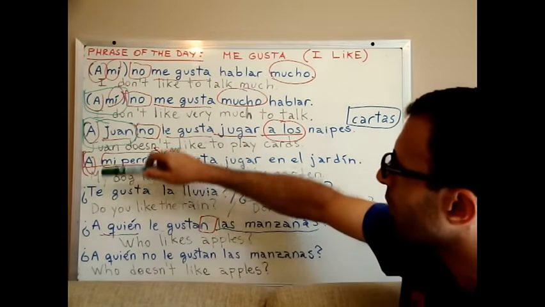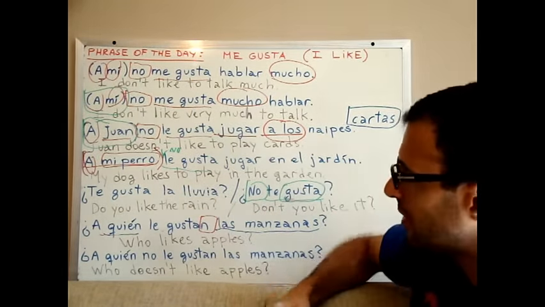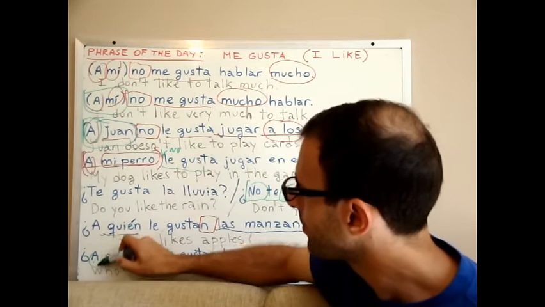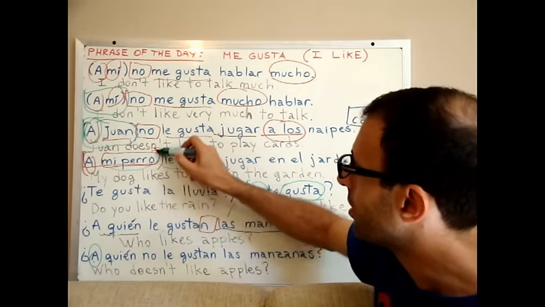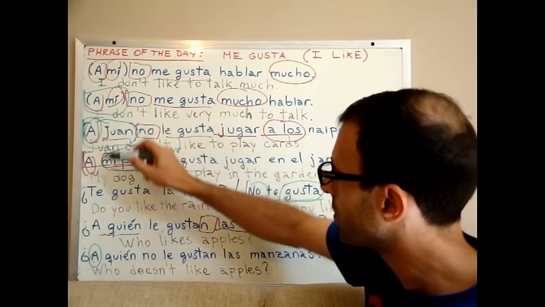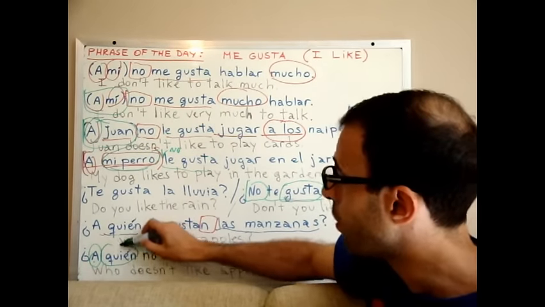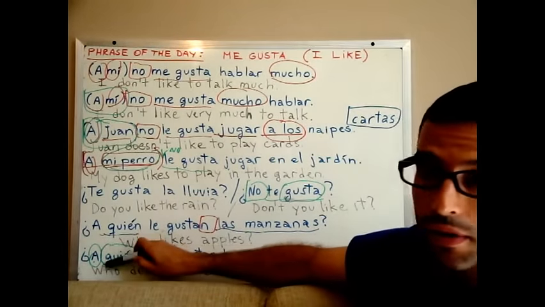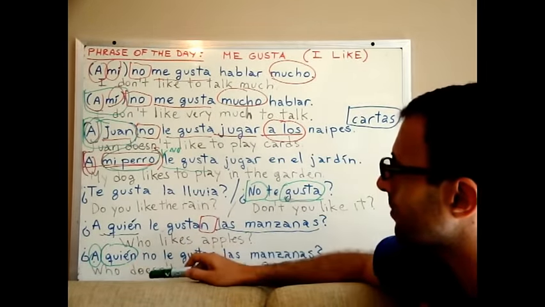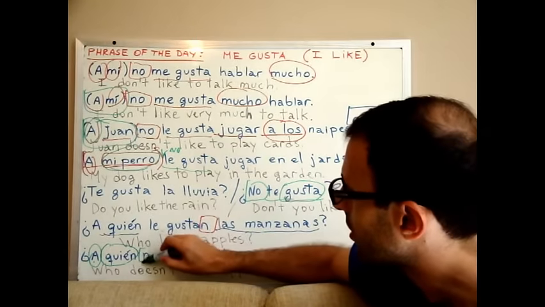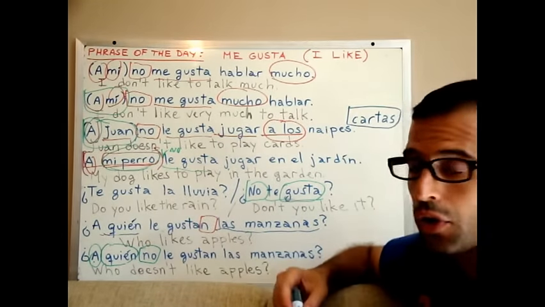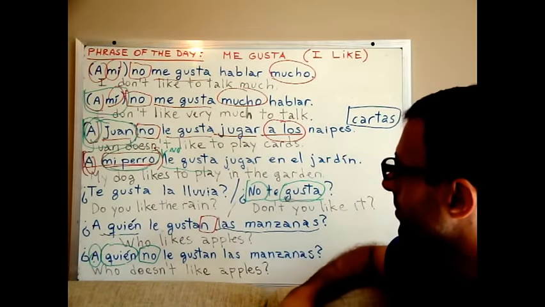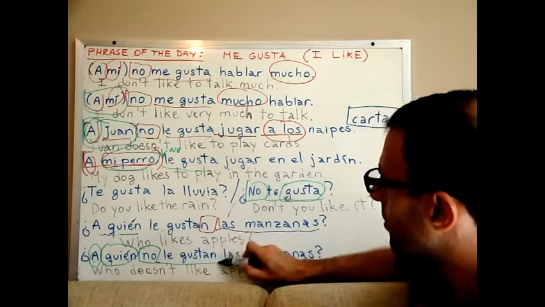But as you can see, it's always the same structure, right? We have the a here, a, then the person or the subject, in this case it's a who, right? We are asking who, so the who would be the subject here, or the person, then the no, the not, because it's a negative question, and then le gustan, right?